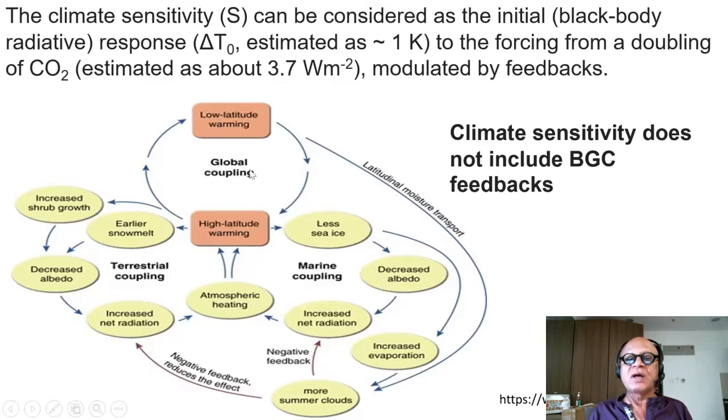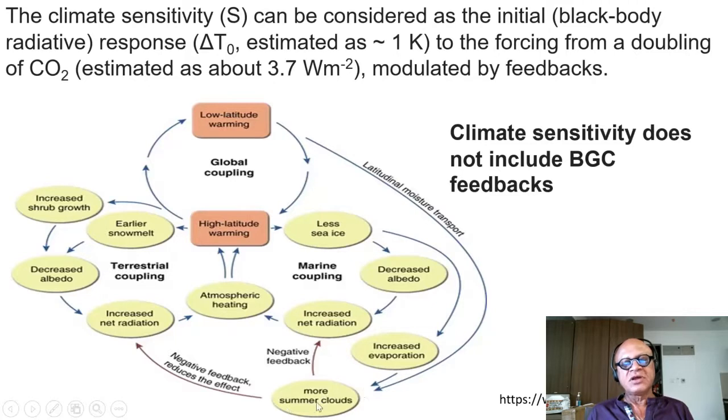And you have a global coupling because as you change the equator to pole temperature gradient, the amount of energy you have to move changes, so the whole climate system changes, ocean circulation changes, and then you have all these internal feedbacks. So the latitudinal moisture transport itself would be different depending on how much warming happened where.